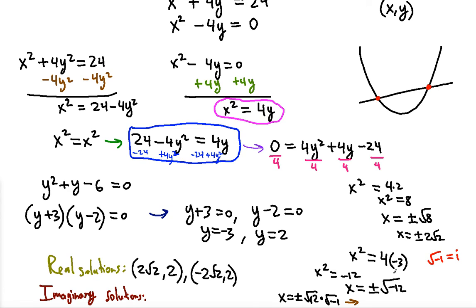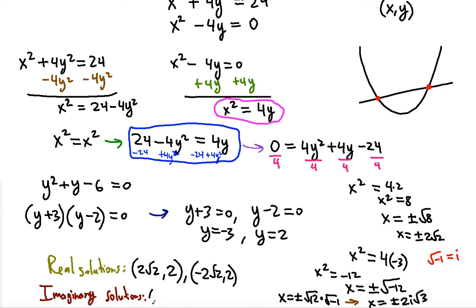Because the square root of 4, just like in this case, was taken out. So x would be equal to plus minus 2i radical 3, right? Because there's a square root of negative 1, we bring it in front of the radical, so we get i. So plus minus 2i radical 3. So these are your 2 imaginary solutions.